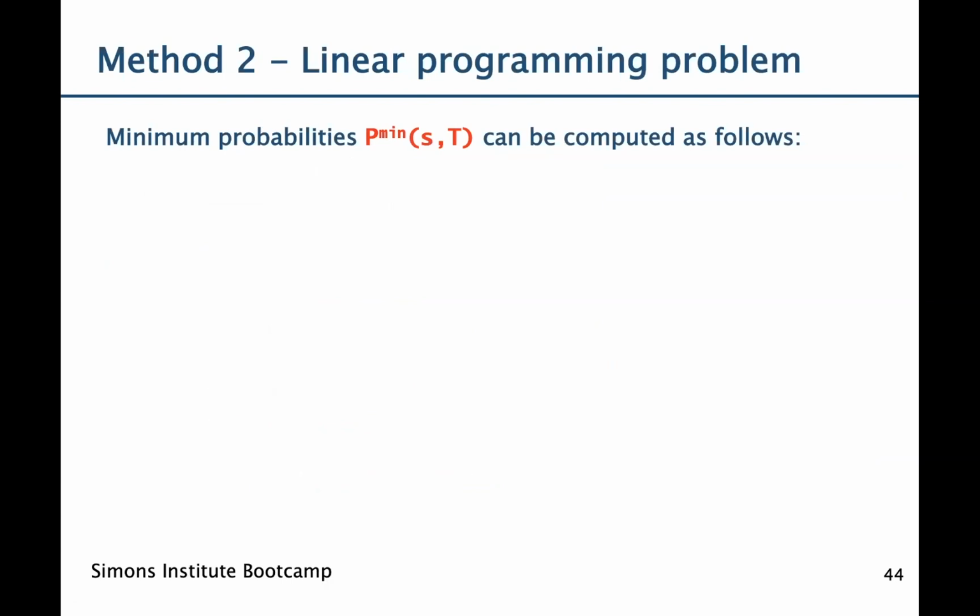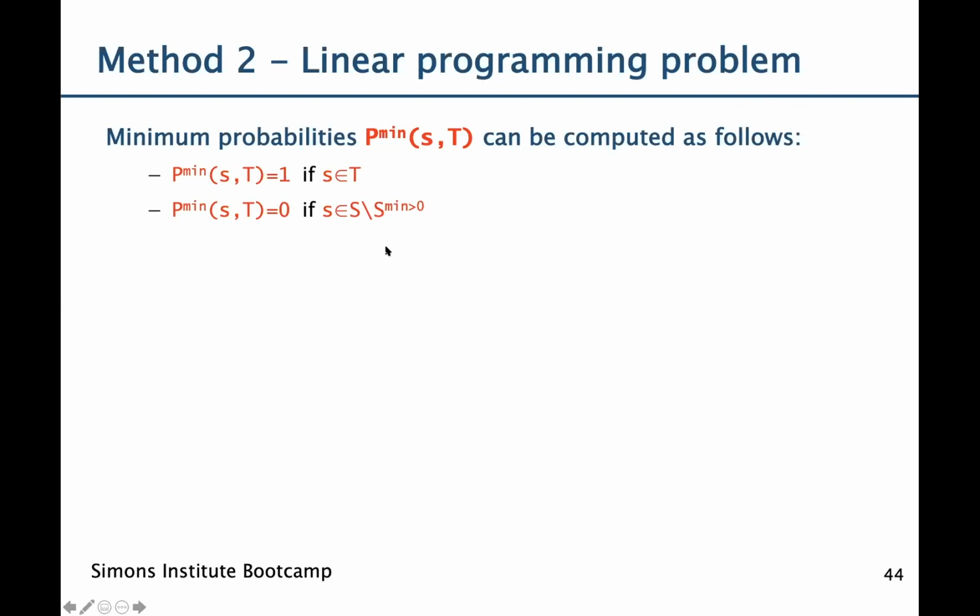So let's see how this works for minimum reachability probabilities. Actually, minimum reachability probabilities can be computed as follows. As for value iteration, we set the values equal to 1 if we're in the target set of states, as obviously then the reachability probability is 1, we're already there, and it's 0 if the minimum reachability probability is not greater than 0.